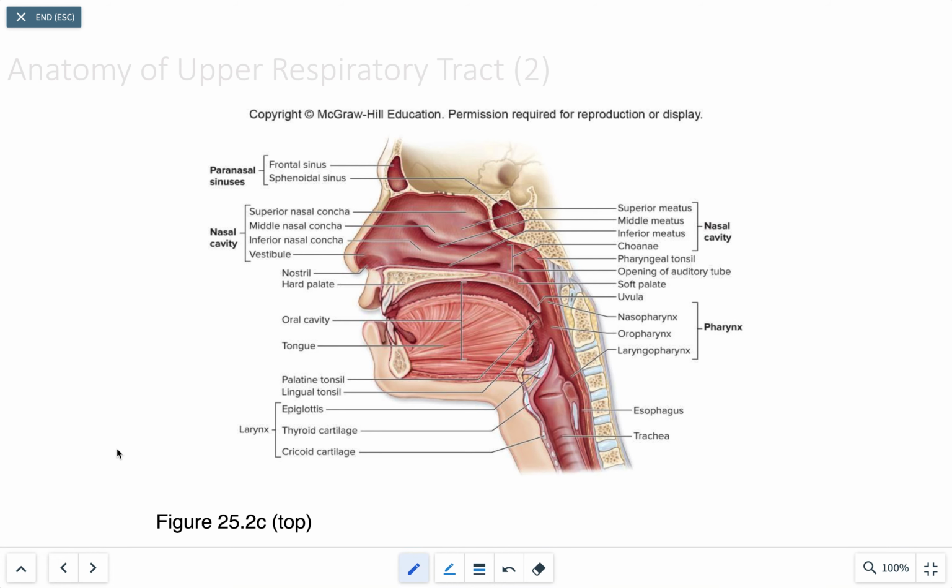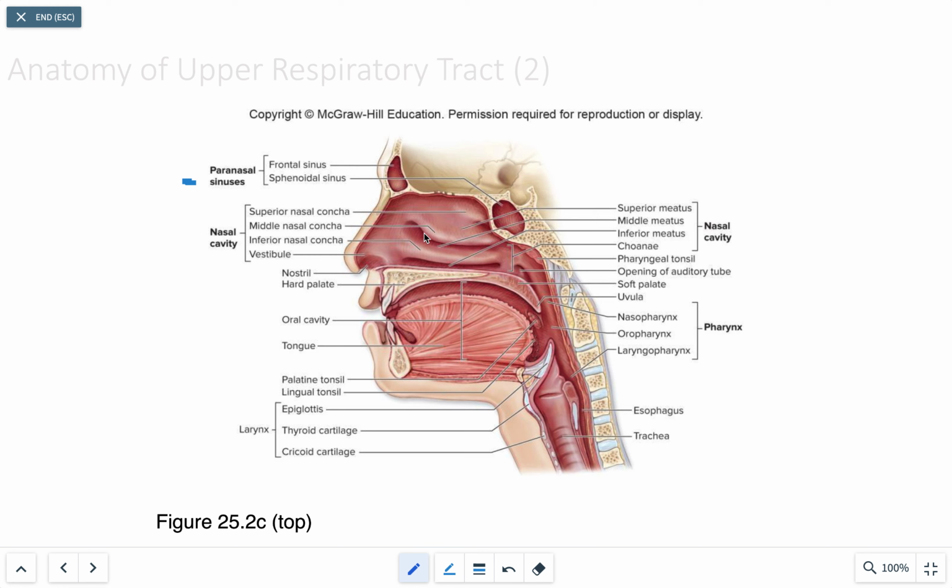So when we're breaking down the different regions, the first part we should always start with is going to be the paranasal sinuses. Their job, the frontal and the sphenoid sinuses, is to create airway spaces to trap air to increase the total time that the air is trapped inside of the nasal cavity.